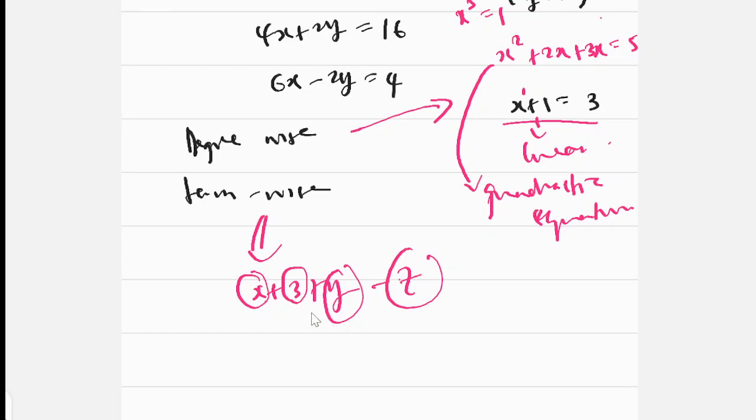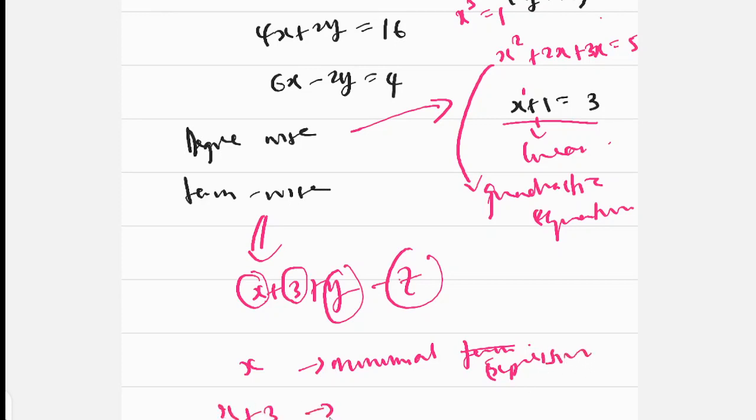If you have a one-term expression, we call it a monomial expression. So what if I have something like this?